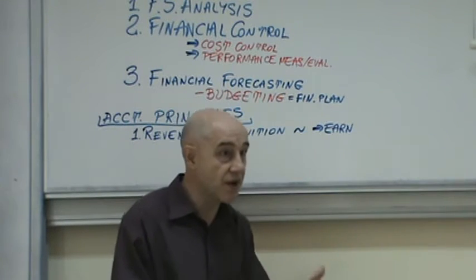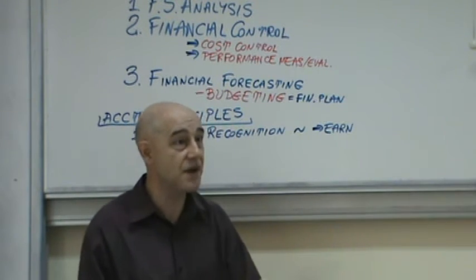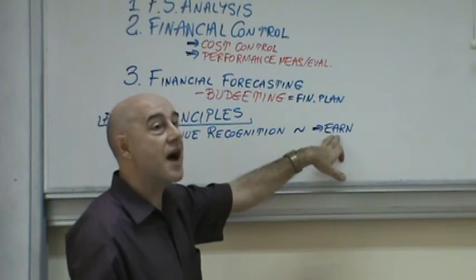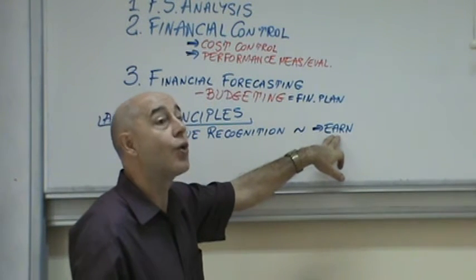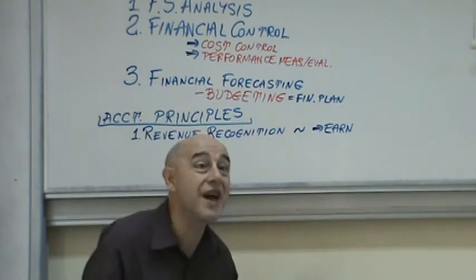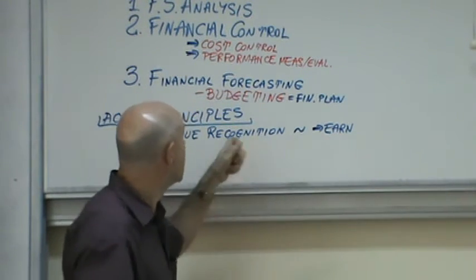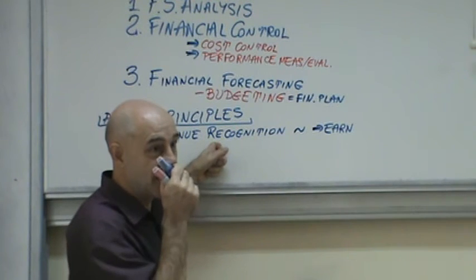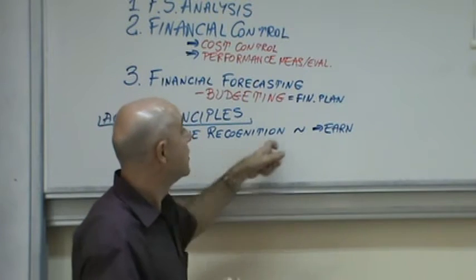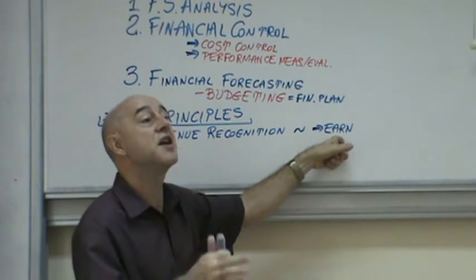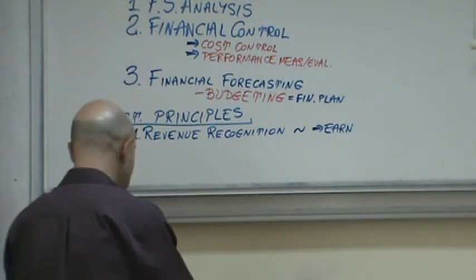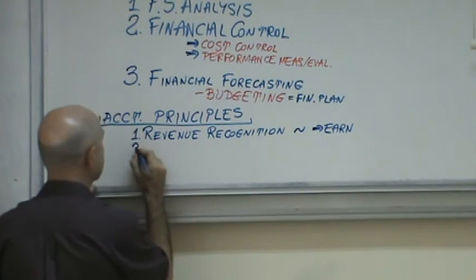There may be 2 or 3 consecutive procedures that are required, and in general, only after it was delivered or completed, not before. Just because you expect something to happen, you don't record revenue because you like it, you want it, or you hope for it. You record it after it's getting done. Number 2, matching principle.